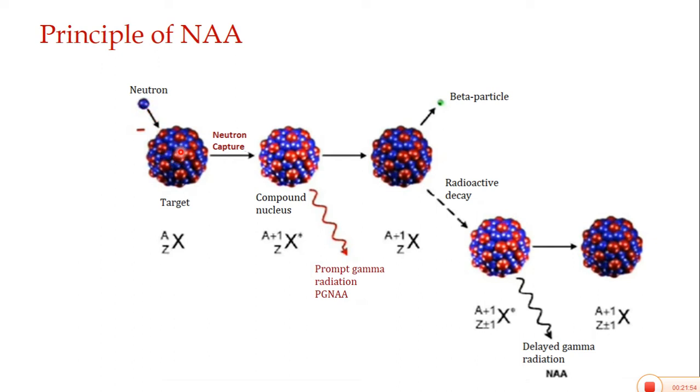These neutrons, when bombarded over the target material, are captured by the target material nucleus. When it becomes a part of this material, the atomic mass of this nucleus increases by 1 unit.